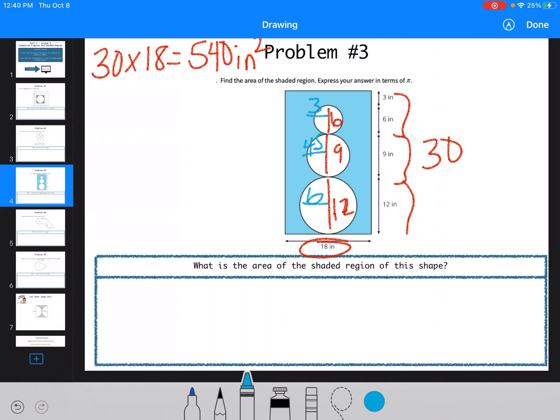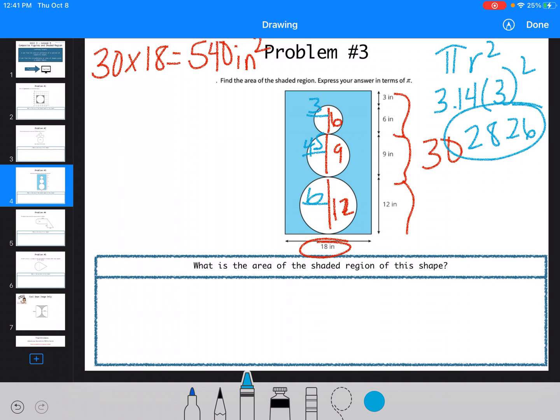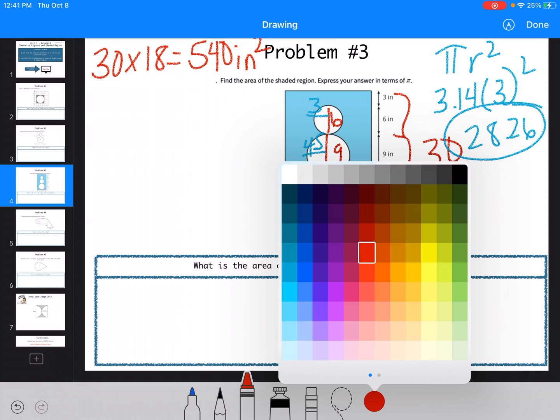So we'll start with the top. So pi times radius squared. So 3.14 times 3 squared. So in my calculator, I'm doing 3.14 times 3 times 3, and I get 28.26.